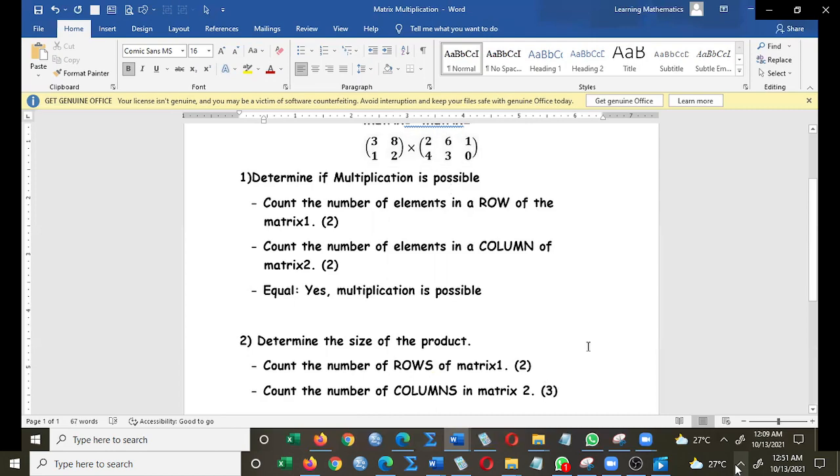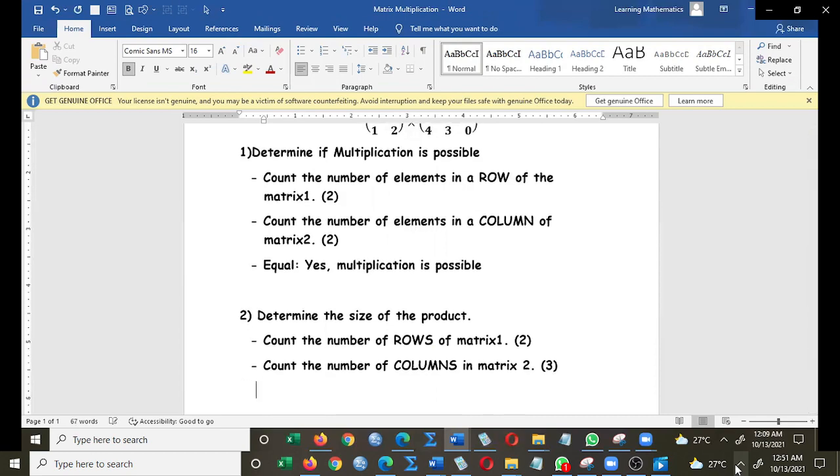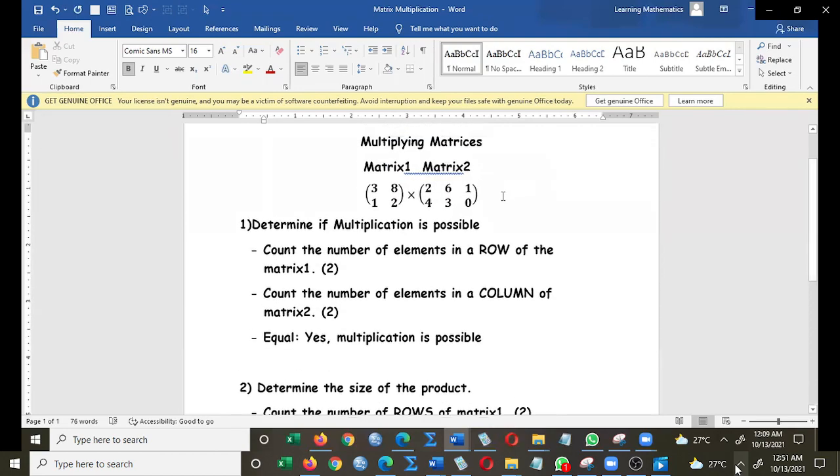Okay. So therefore, the product is 2 by 3. We're going to get a 2 by 3 matrix. So the product will be a 2 by 3. Okay. So let's go and perform the multiplication now.